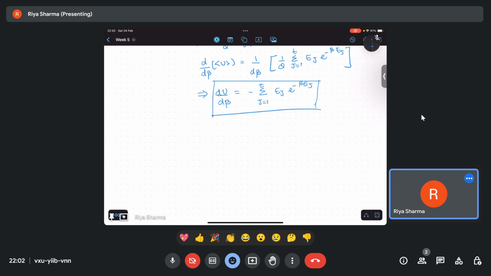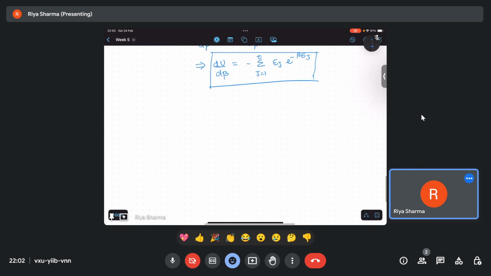So now we will use U equals minus 1 by Q dQ by d beta, where U equals minus d of ln of Q by d of beta.